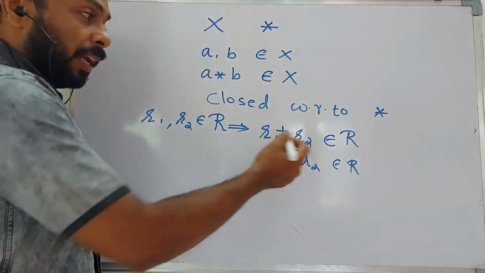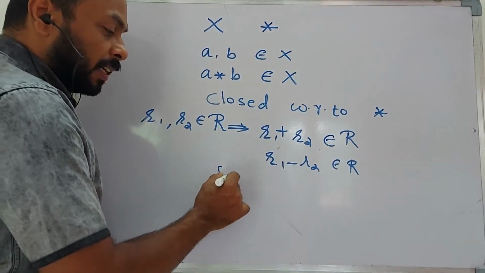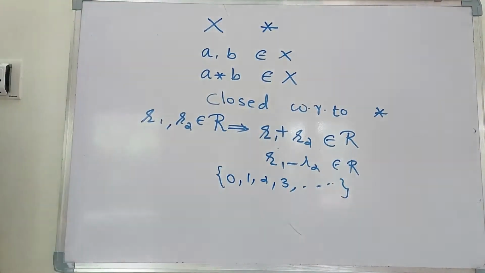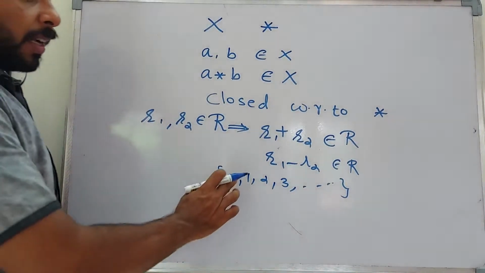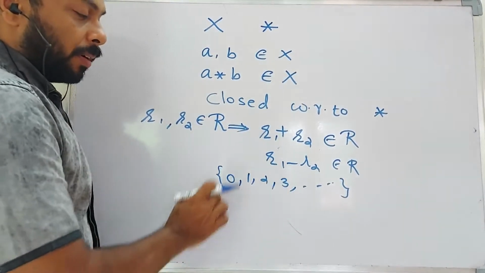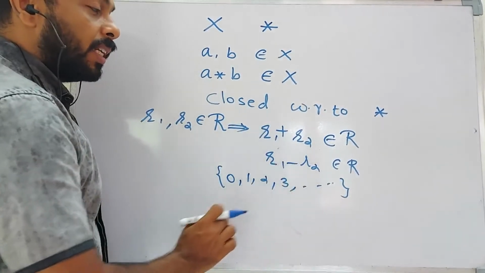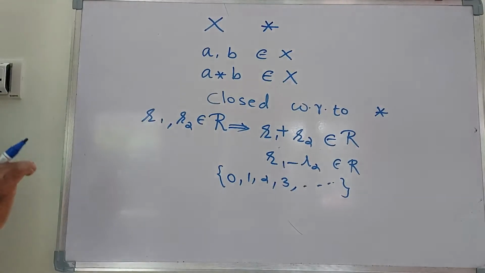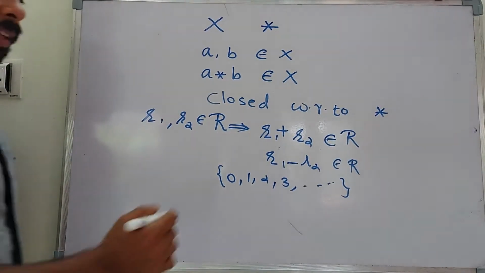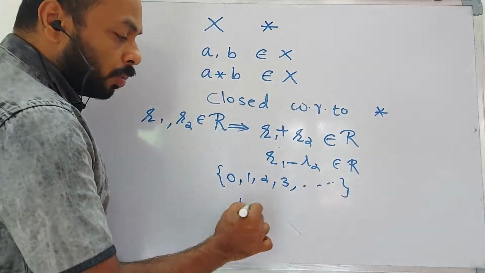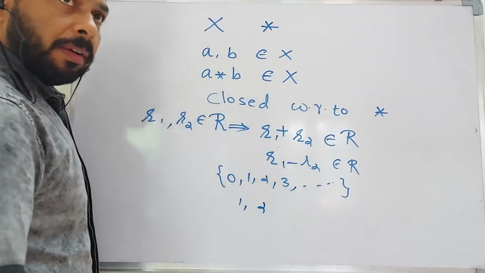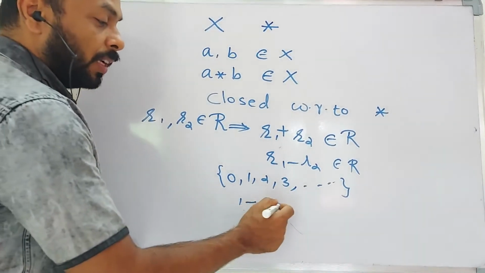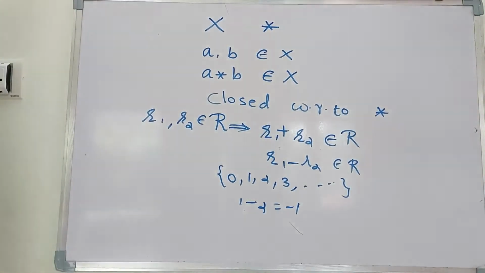But if we consider the set 0, 1, 2, 3, etc., the set of non-negative integers, here also addition is a binary operation because for any two non-negative integers, the sum is also a non-negative integer. But subtraction is not a binary operation. For example, 1 and 2 are non-negative integers, but their difference 1 minus 2 equals minus 1 is not a non-negative integer.